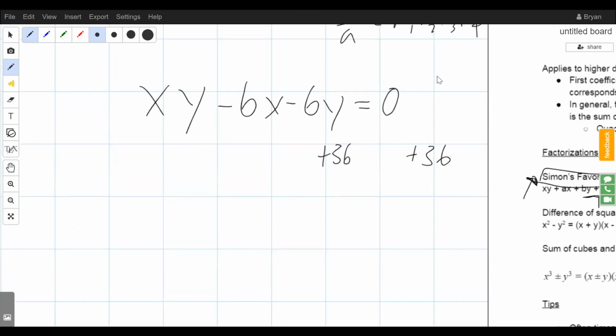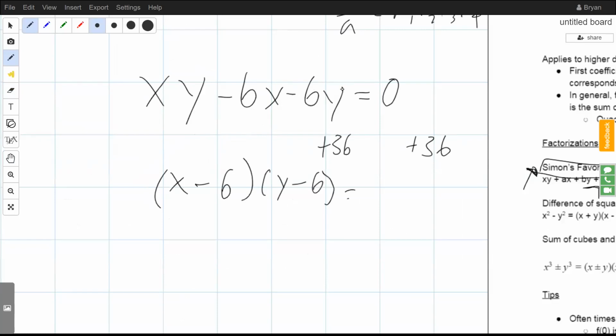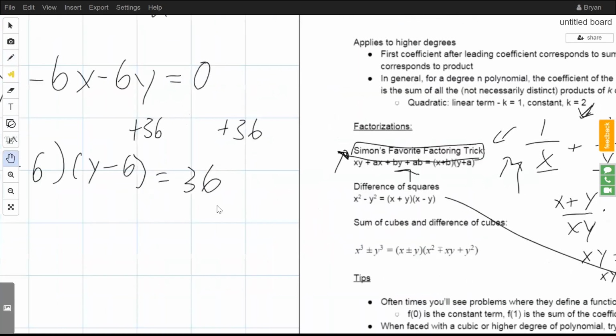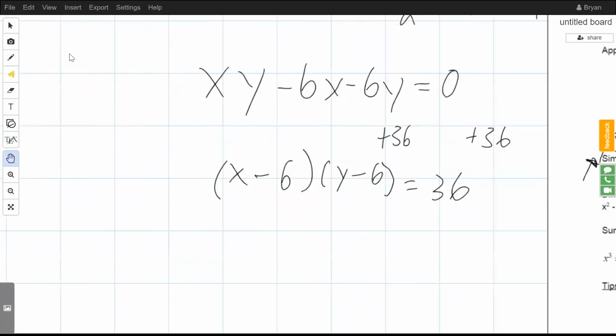You'll find that you get (x minus 6) times (y minus 6) equals 36, right? And generally when we get to this step, all you have to know is that x and y are both positive integers. So all we need to do is figure out how we can multiply two numbers and get 36.